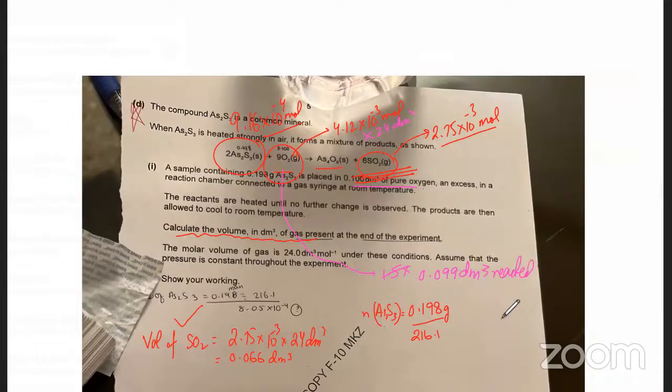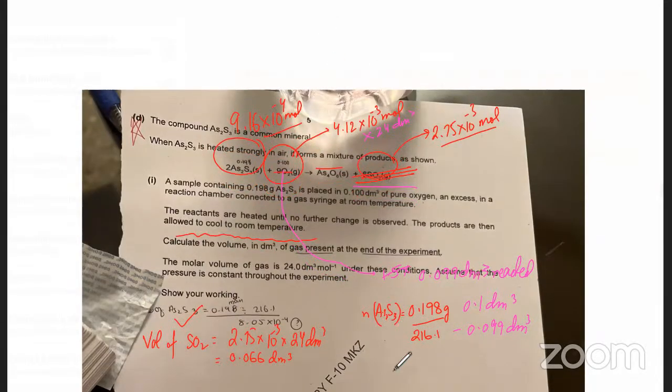So you're going to subtract that from 0.1, because 0.1 dm cube was the original volume of oxygen, and out of that 0.099 dm cube was gone. It reacted. So at the end of the day, what were you left with? 1.12 into 10 power minus 3.